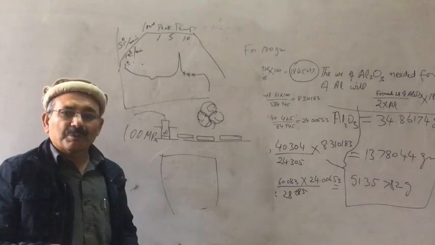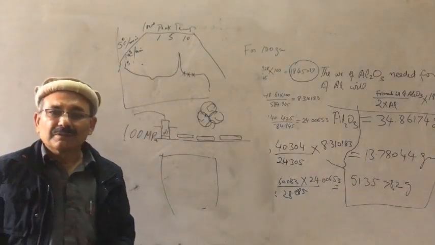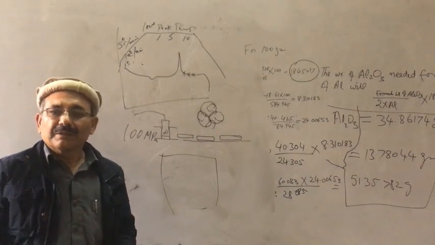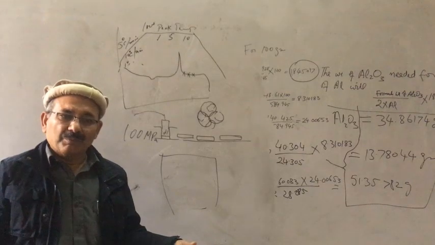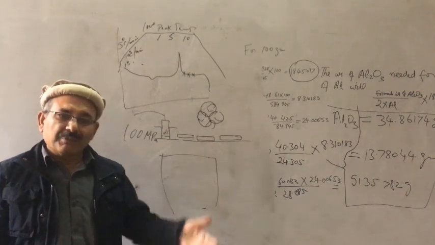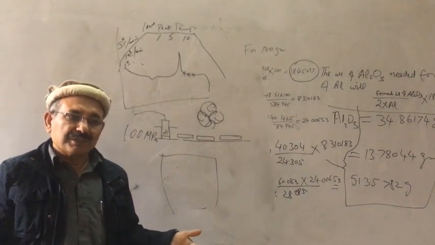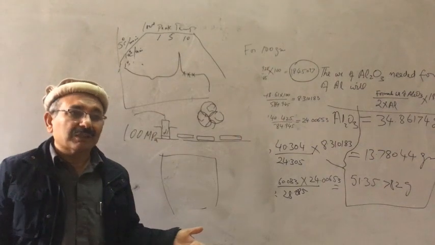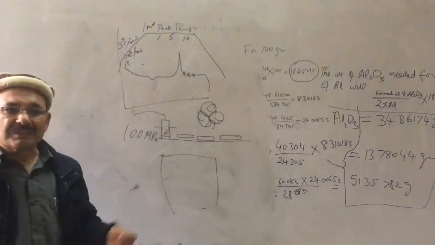For example, if the unit cell is cubic, then a cubed is the volume, and then the weight, how many atoms are in that unit cell. Their weight divided by the volume will give you the density of the unit cell, and that will be called the theoretical density.